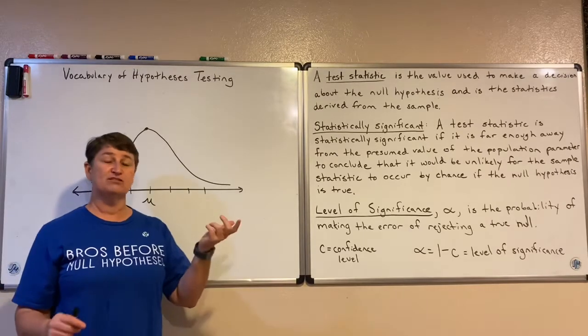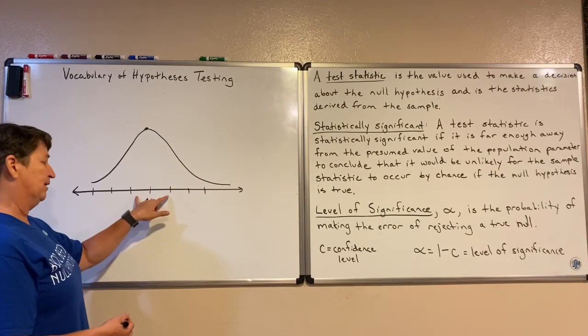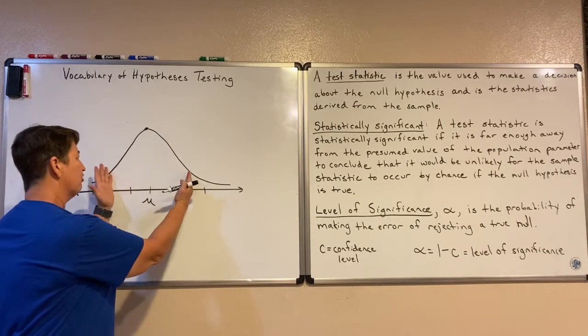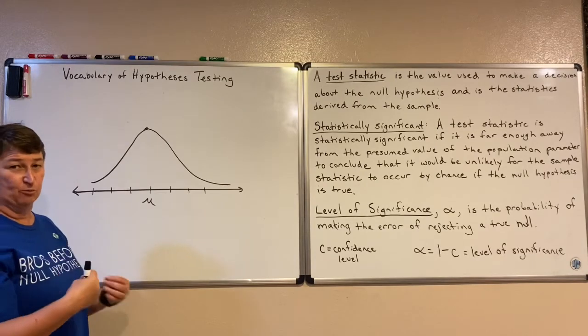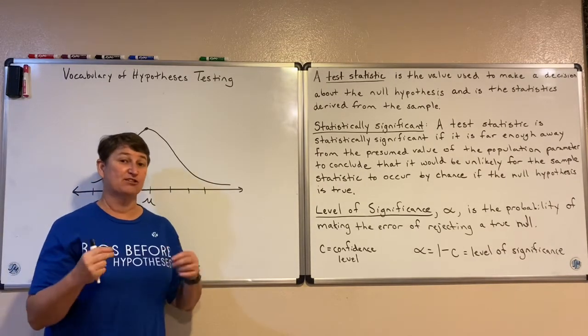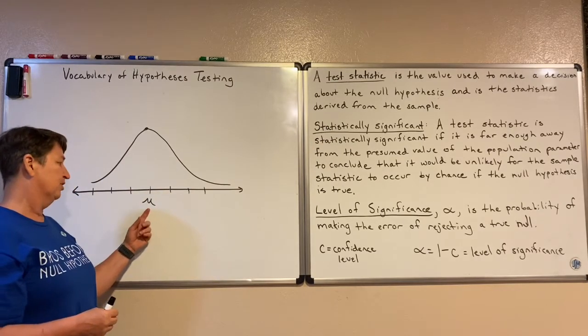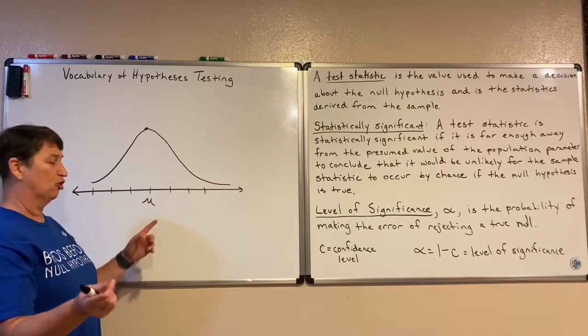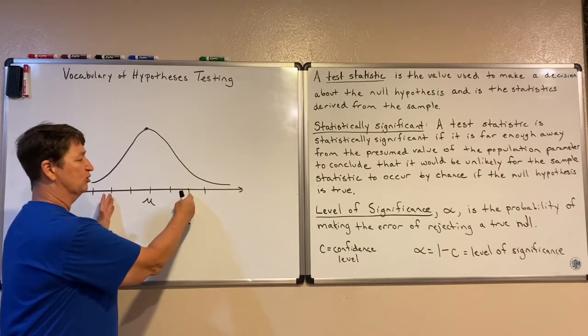And we can adjust our confidence level. So maybe I'm only looking at the 68%. Well, then if it's further out than that, then I say, well, that is statistically significant for me. That's enough evidence for me to reject the null. We'll talk about that a little bit later. 95% is usually what we use.